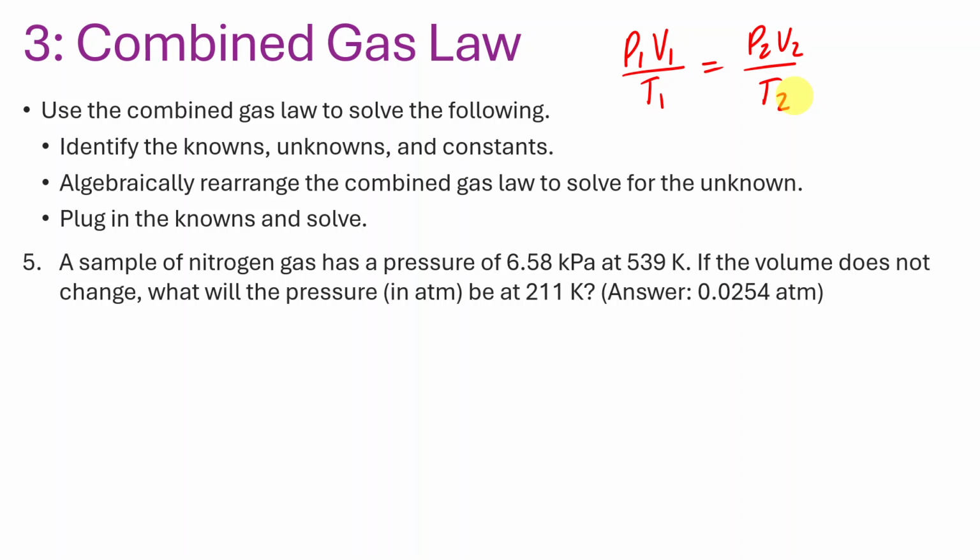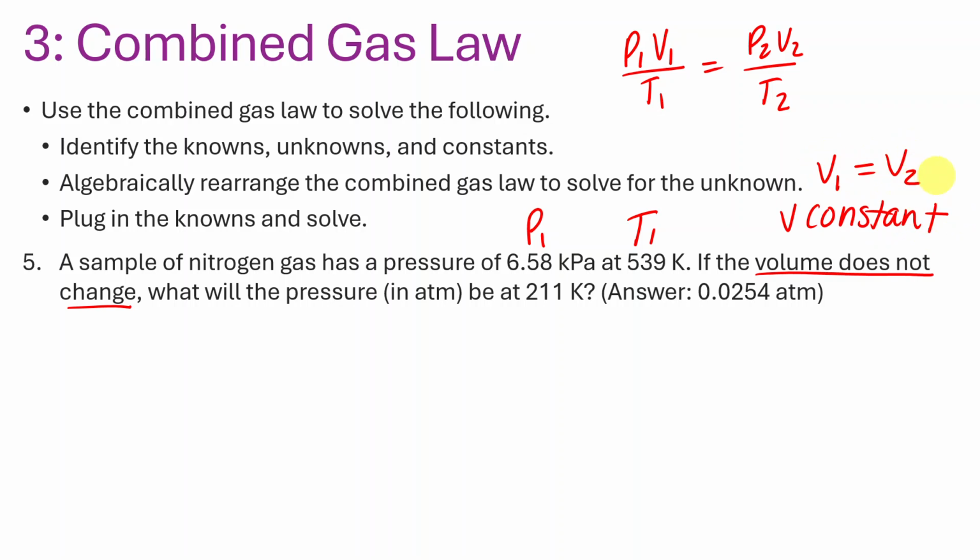So if we look at this question, it says a sample of nitrogen gas has a pressure of 6.58 kPa. So that's pressure 1, at a temperature of 539 Kelvin. So that's temperature 1. If the volume does not change, so in other words, V is constant, or you could also think of it as V1 and V2 are the same number.